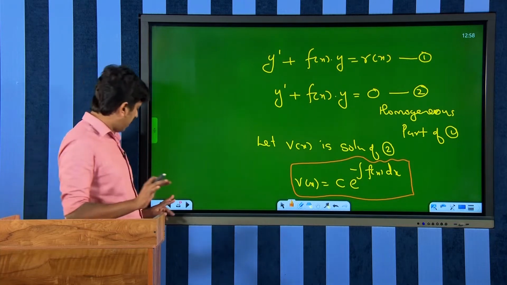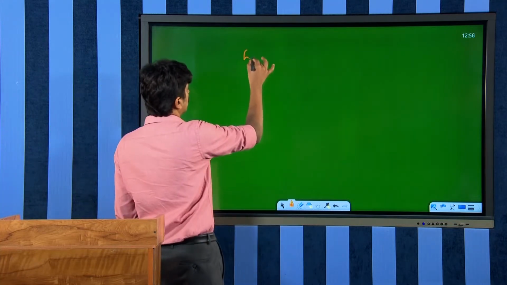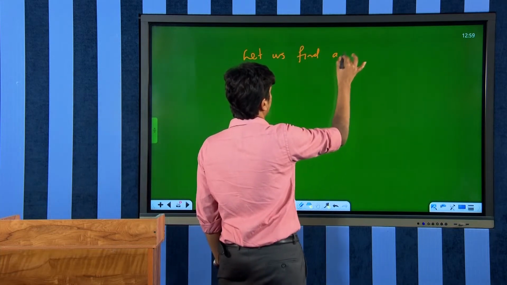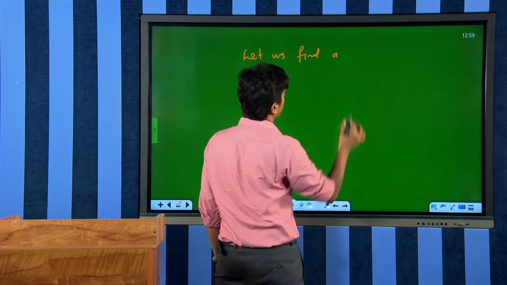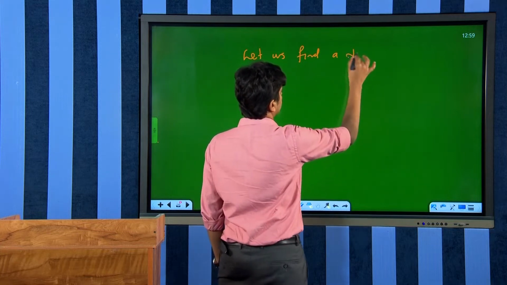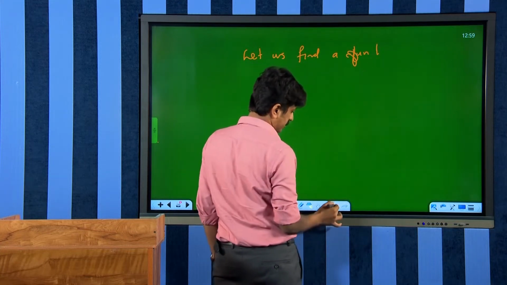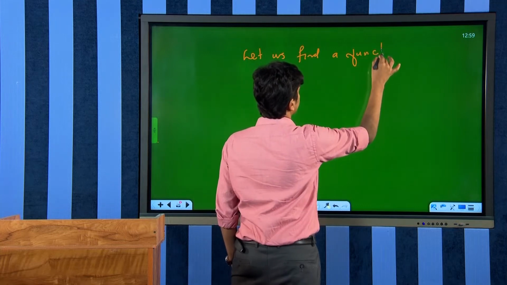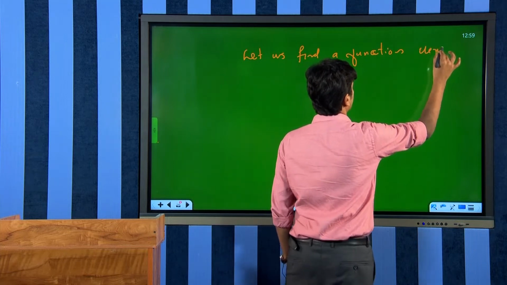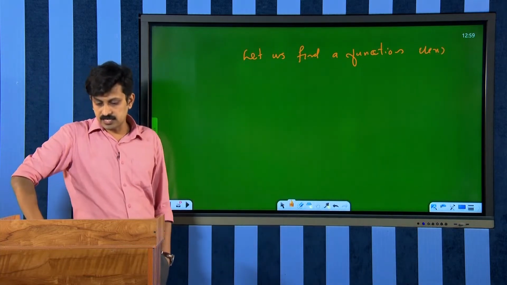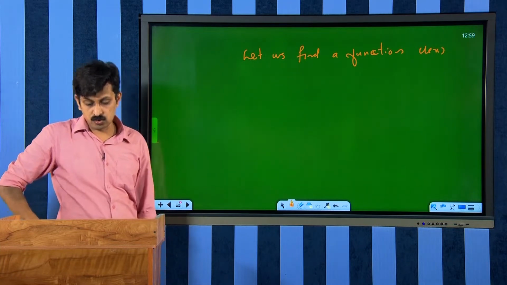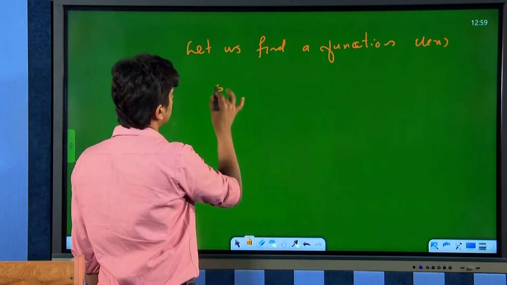So we have to find a function u of x such that y of x is equal to u of x into v of x.